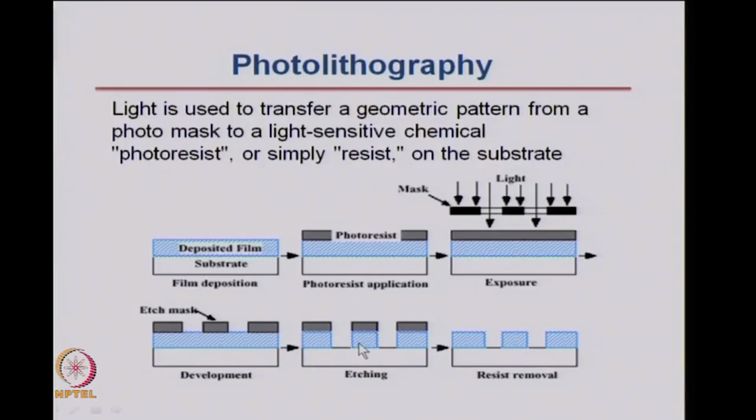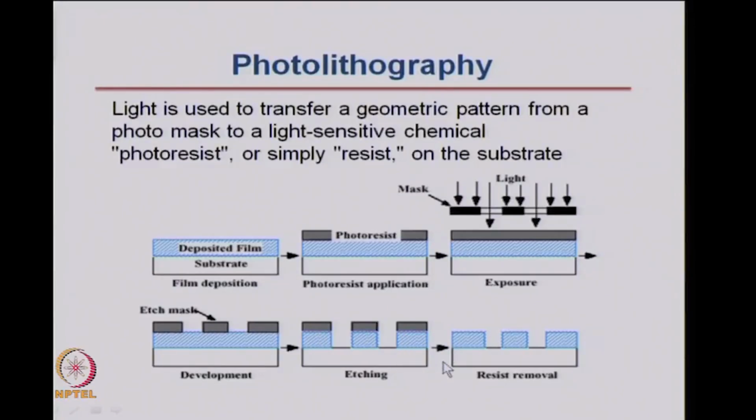So, you are left with a structure which has got the film and the photoresist on top of it, and then there is nothing here, and then again you have. So, you have generated a pattern of the film, but still now you have this photoresist material on top of those columnar structures of the film.